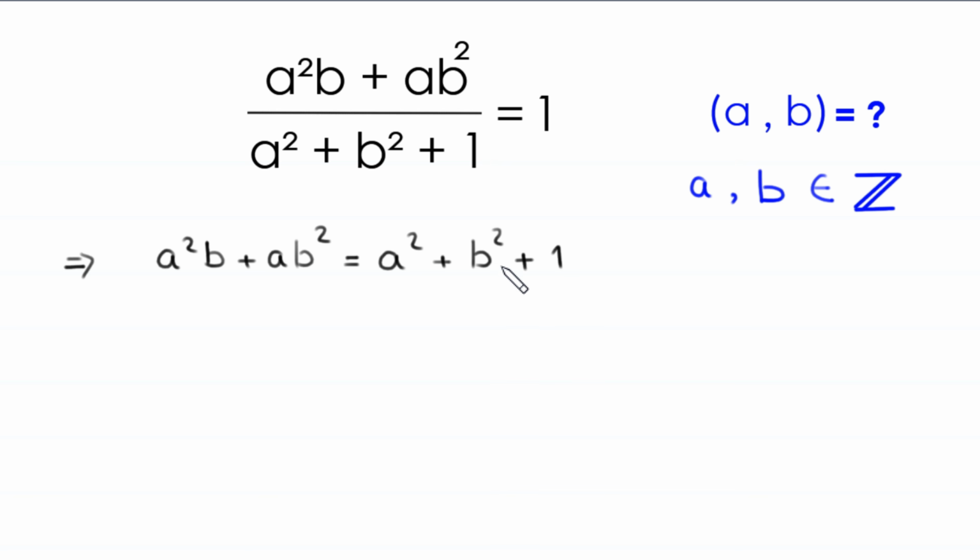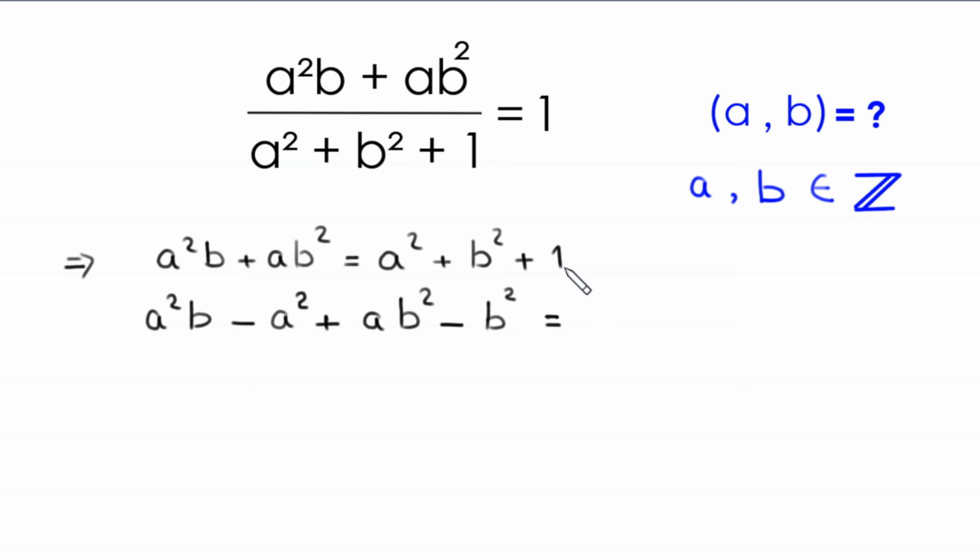Move these two terms to the left hand side, then this will become a squared b minus a squared plus a times b squared minus b squared, equal to, at the right hand side we are left with 1.